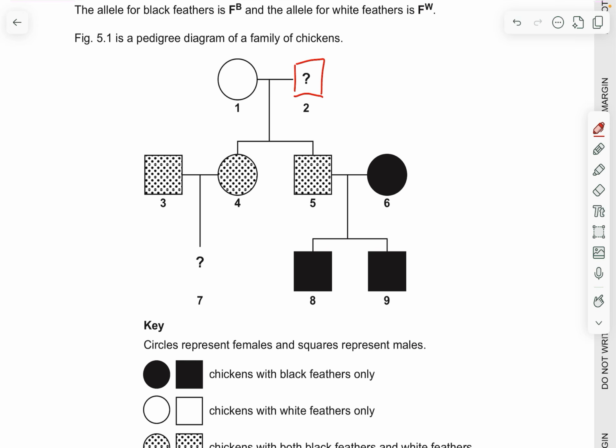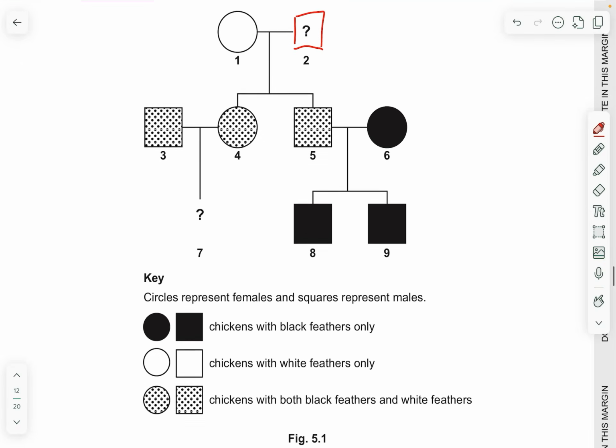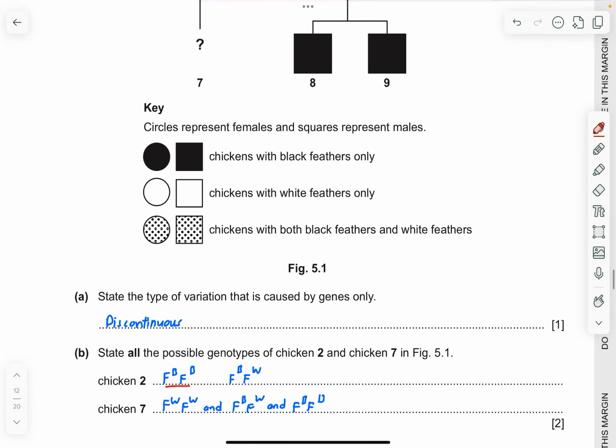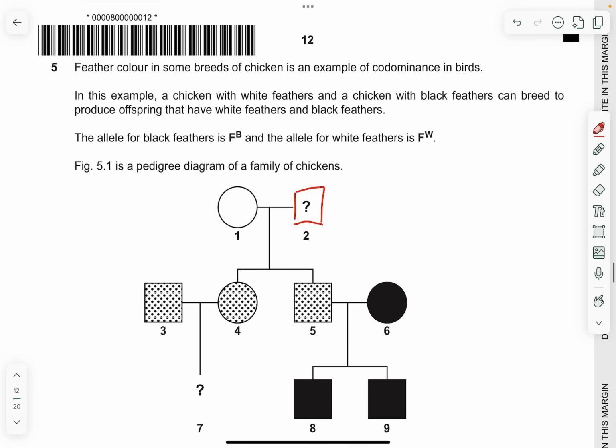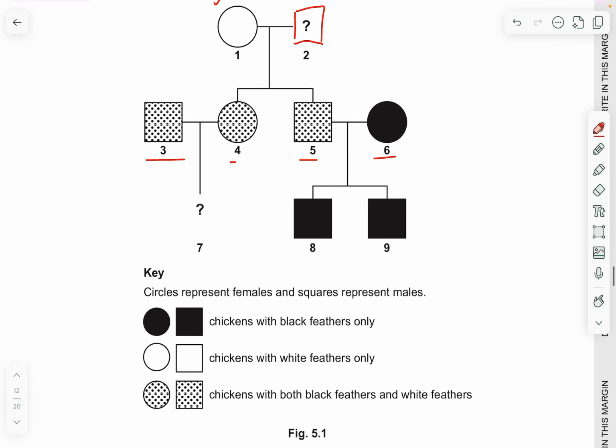So what will be the possible genotype? You don't really have to do a Punnett square, but you can see that it is either FB FB or FB FW, because when you cross with this parent, you are going to produce all of them. So these are the chances that they can get. You don't really have to do a Punnett square here.